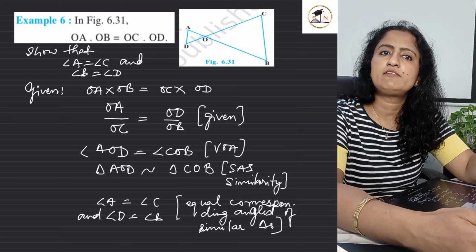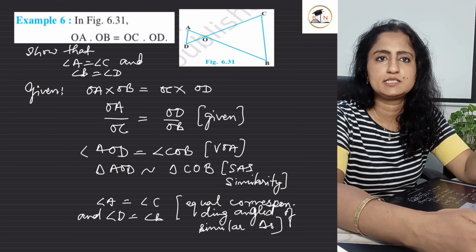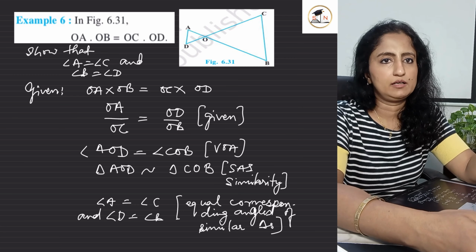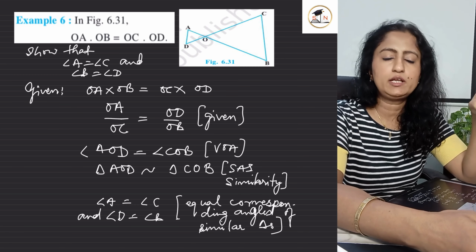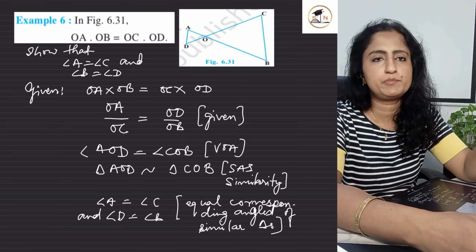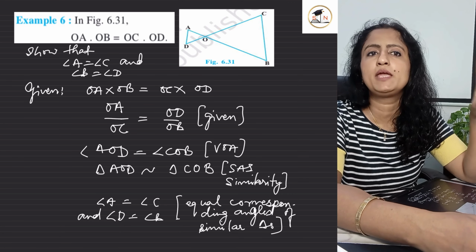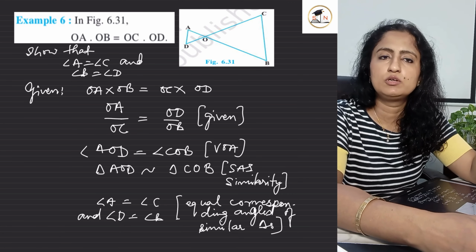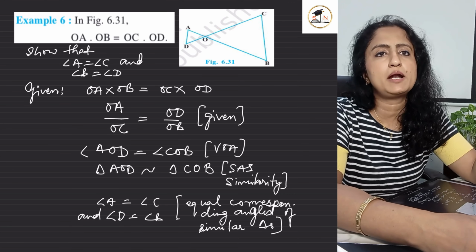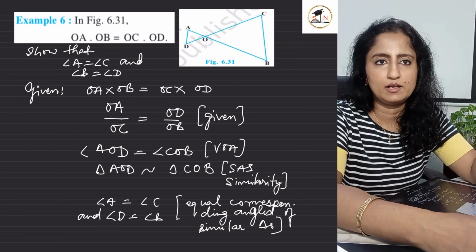But now they have removed it from NCERT. However, some schools still teach it, right? So I have not included the RHS criterion in this video, but I will be making a separate video for those children who may need it based on their school teachings, so that if you want, you can practice RHS as well, right?